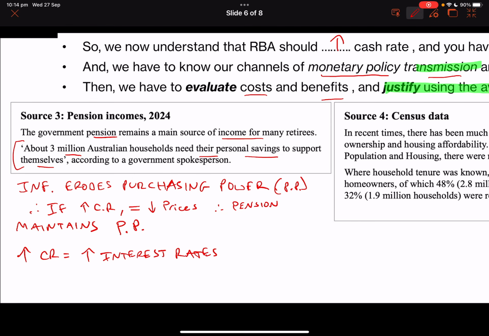So for retirees with savings in the bank, rising interest rates equal more return on investment.